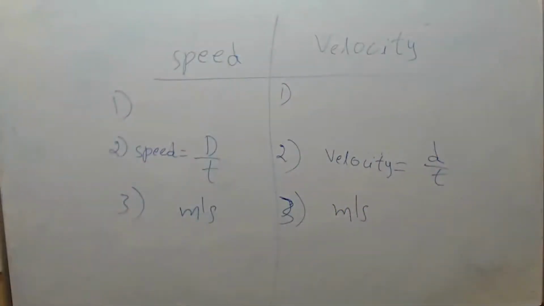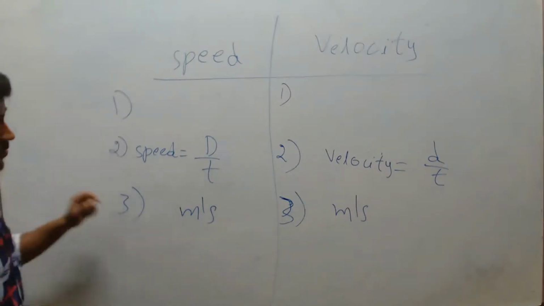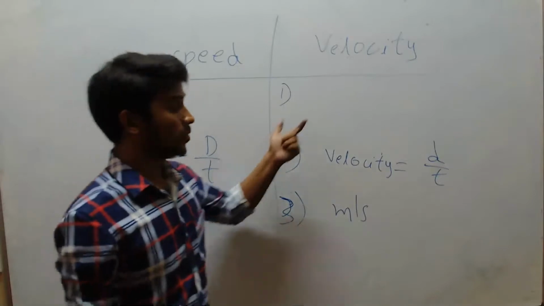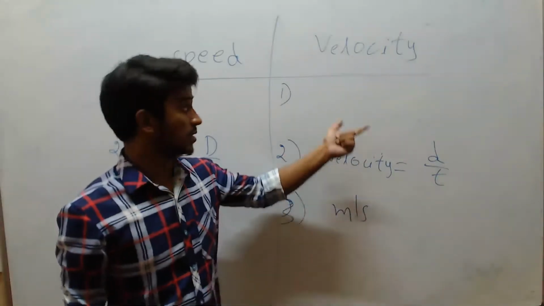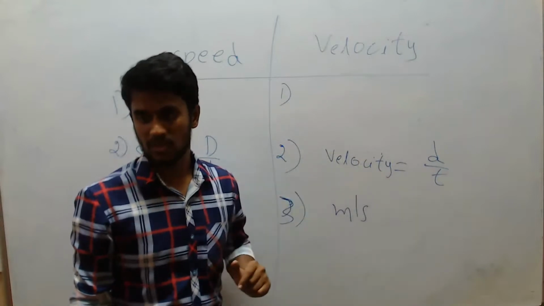One more difference: while specifying speed, we don't need direction, but when mentioning velocity, we should use direction also.